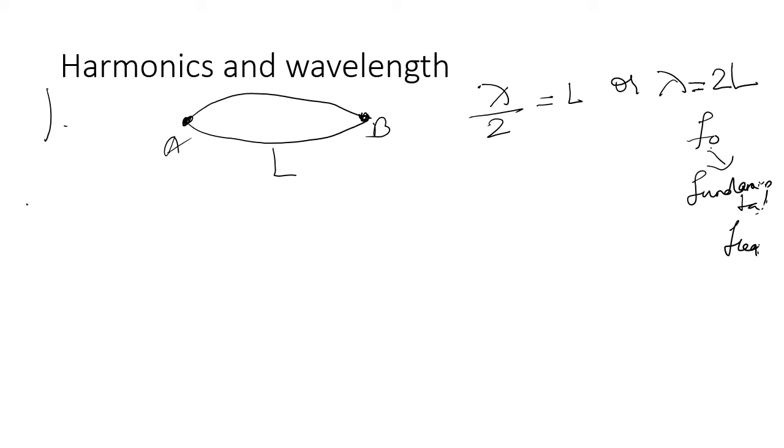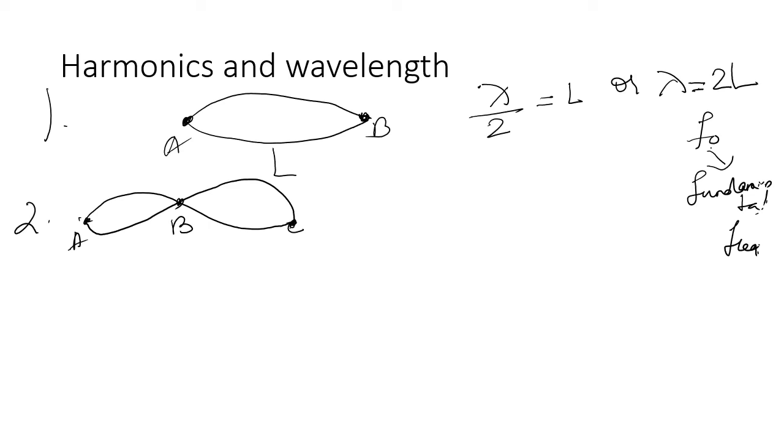Now, thinking about the second harmonic, what is the next simple pattern we can get? Again, at the two ends, we need to have nodes. So this is the most simple pattern we can get, isn't it? So we had 2 nodes. Now we have 3 nodes. A, B, C. From A to C, we are using the same length of the wire.